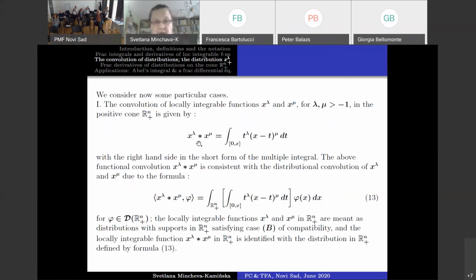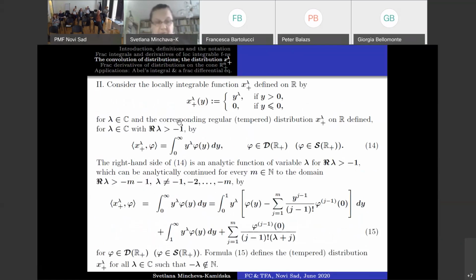On this slide, I also repeat that the power functions x to the power lambda and x to the power m with positive integers lambda and m, the convolution of these power functions may be considered like a distribution defined by formula 13.